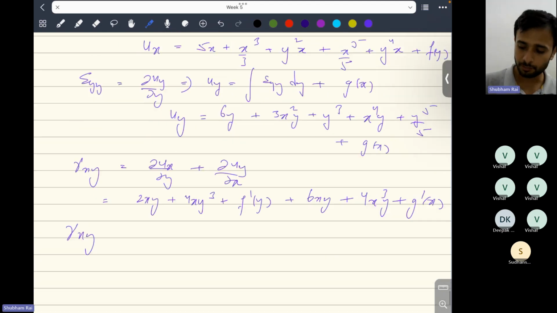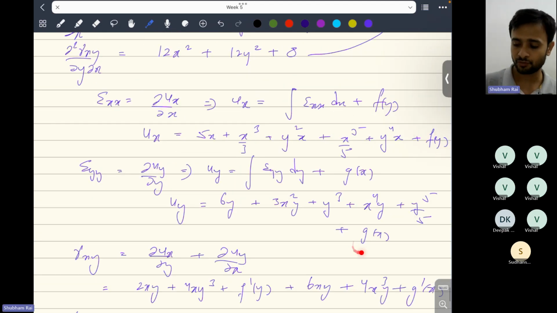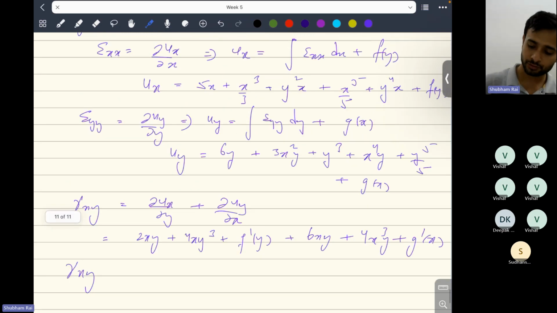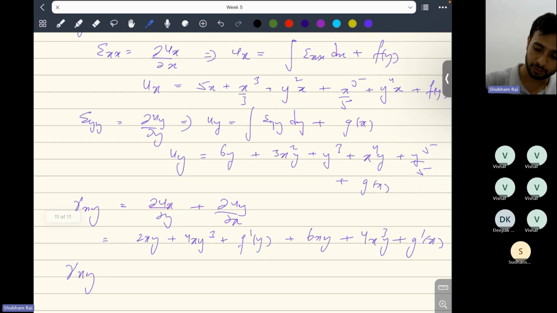Because if you know f of y and g of x, then you will have the whole expression for ux and uy. So gamma xy can be found out using this displacement field, and gamma xy will be given to you also.